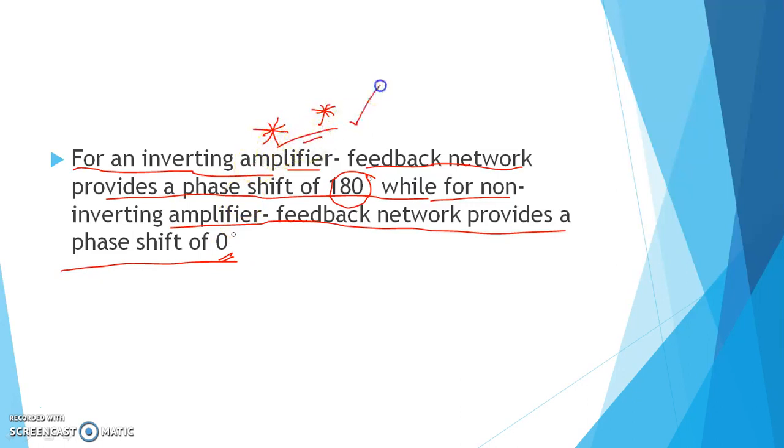And one more result we got, that if we apply CE amplifier as basic amplifier block in oscillator, then we know that for CE amplifier 180 degree phase shift is there in between input and output. So obviously we have to design the feedback network in such a way that it will provide 180 degree phase shift. Okay, I am focusing on this line. Why?